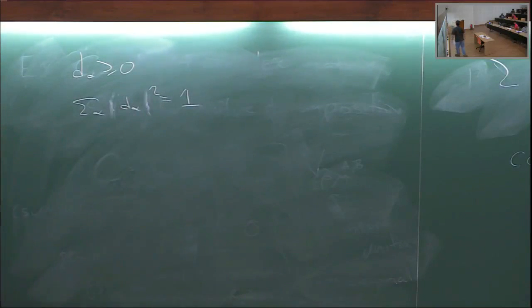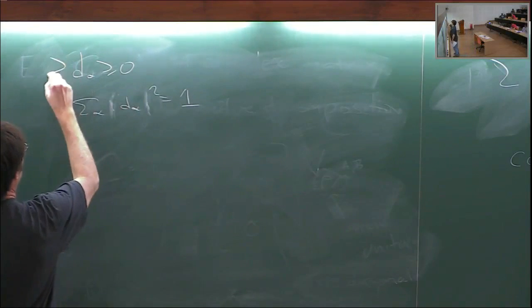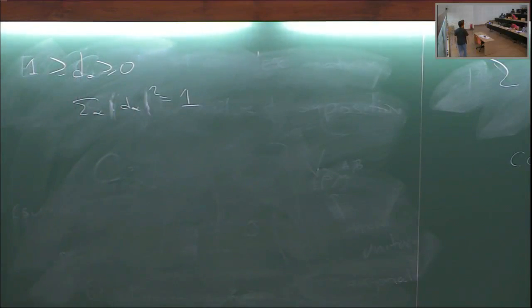It also has to be true that the sum of the squares is 1 for this to be normalized. So this already guarantees that these are between 0 and 1. Furthermore, the standard rules of quantum mechanics tell you that the square of d alpha is the probability of finding either A or B in state alpha.